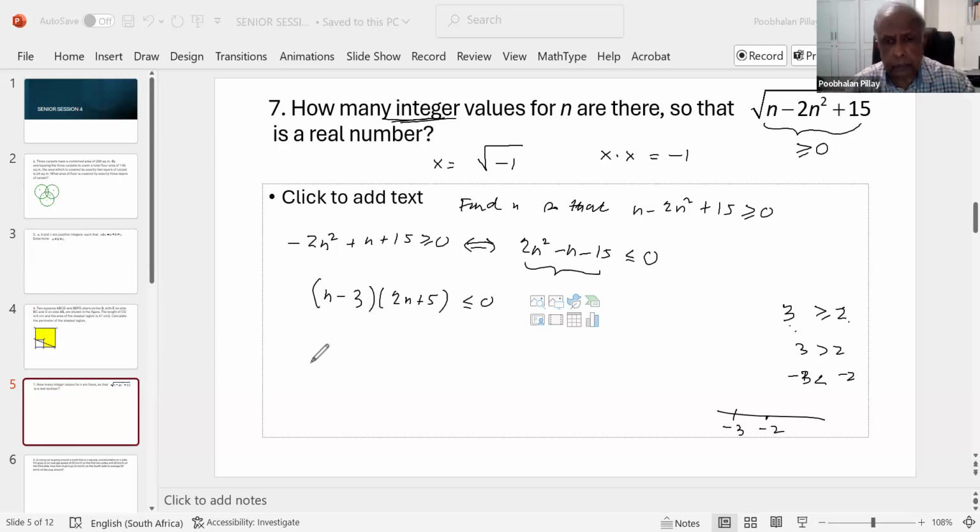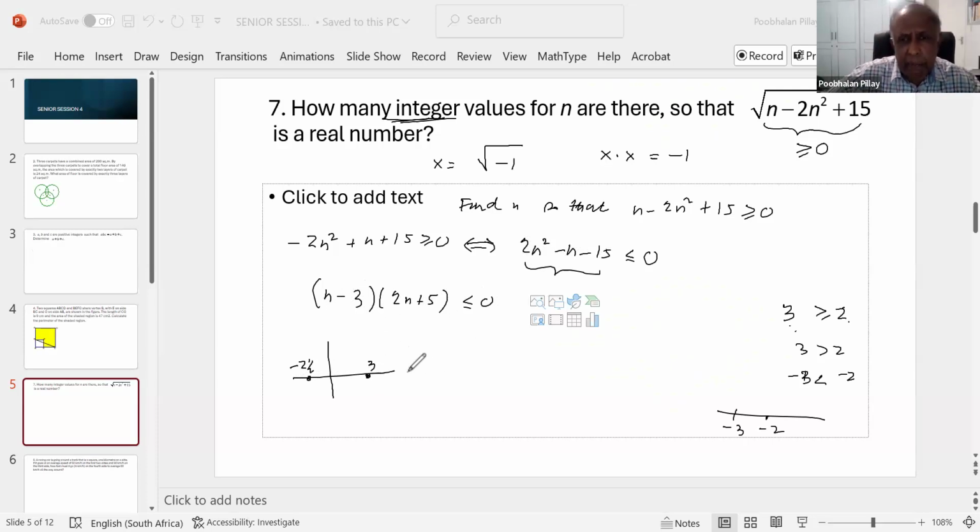I prefer drawing a graph of a quadratic. It has a minimum value. The a is positive, so it goes like this, and the roots are 3 and minus 2.5. So minus 2.5 is an x-intercept of this graph, and 3 is also an x-intercept.